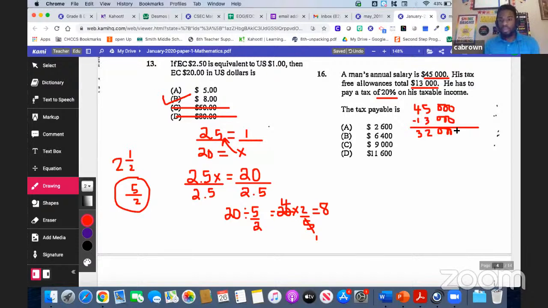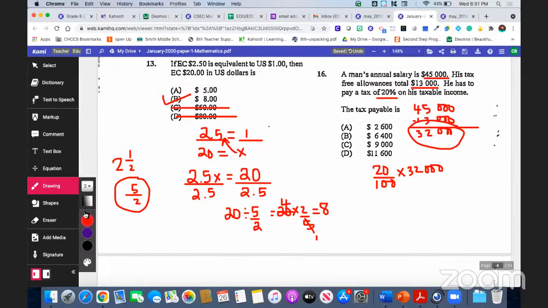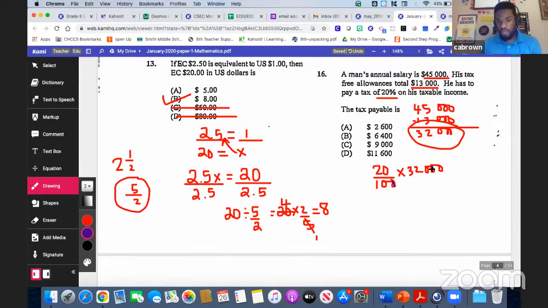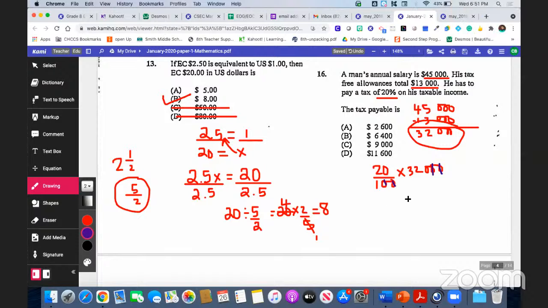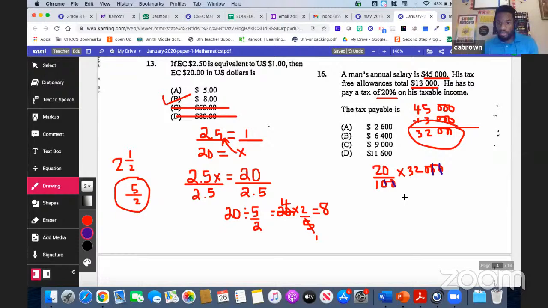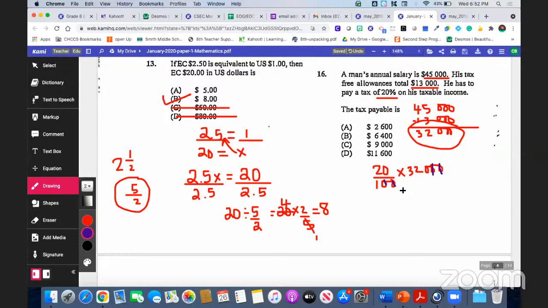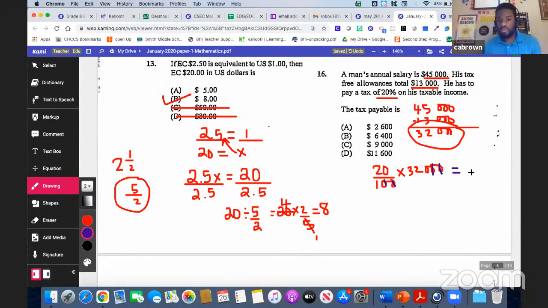So 32,000 of his annual salary will be taxed at 20%. So I need to find 20% of 32,000. We can go ahead and simplify. 320 times 2 is 6,400.